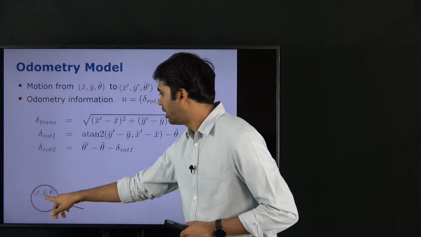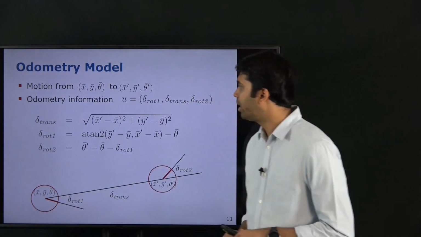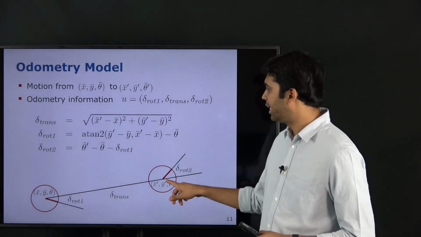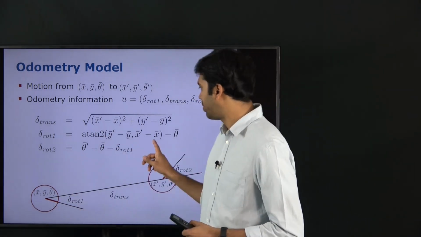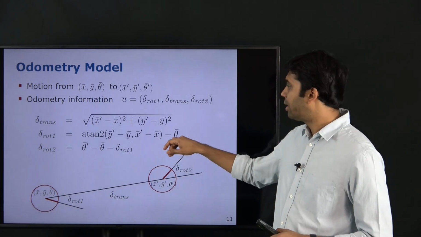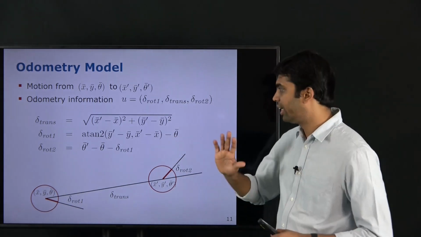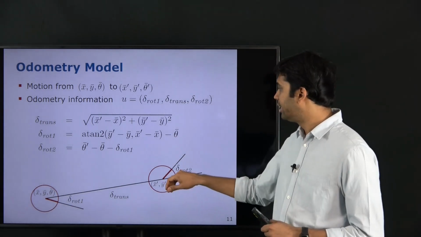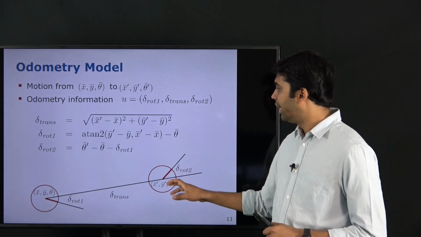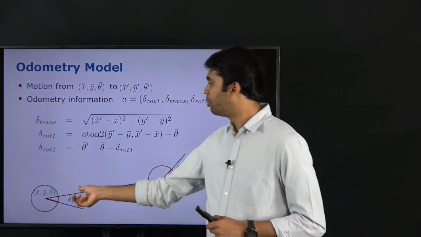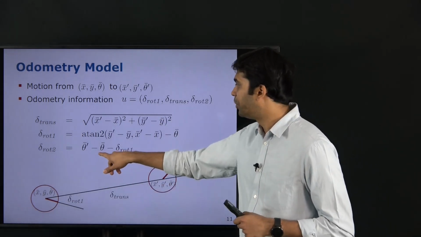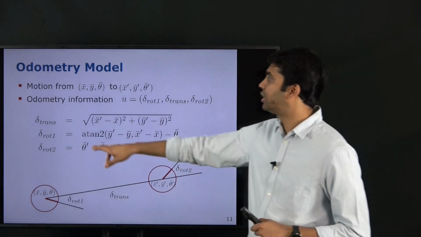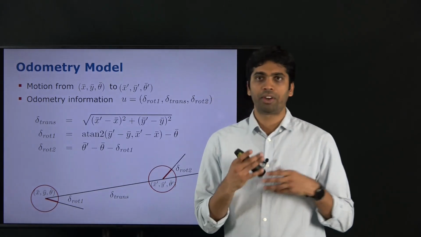Whereas the angle, so the delta rotation 1, again can be obtained by taking the tan inverse of the difference in the y's and the x coordinates, subtracted by the original orientation that you have. And similarly, the delta rotation 2 is what's left after removing the delta rotation 1 and the original yaw angle that you had. So these are just equations for our odometry information.